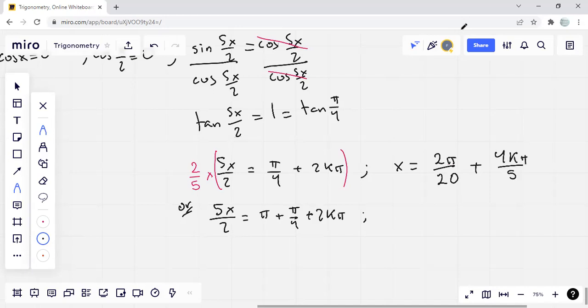And here we will have the same thing. Now pi plus pi over 4, we can simplify by doing the common denominator over 4, and this will be 5 pi over 4.